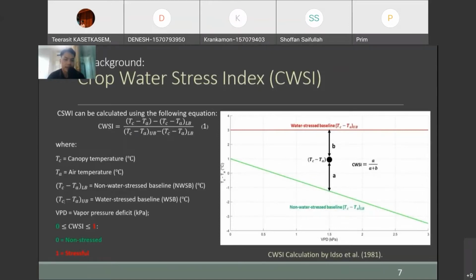The Tc minus Ta upper bound is the water stress baseline, or WSB, which is this red line here. And the VPD is vapor pressure deficit. This CWSI varies between 0 and 1. 0 means that the crop is under non-stress condition, and 1 means that the crop is under stress condition.